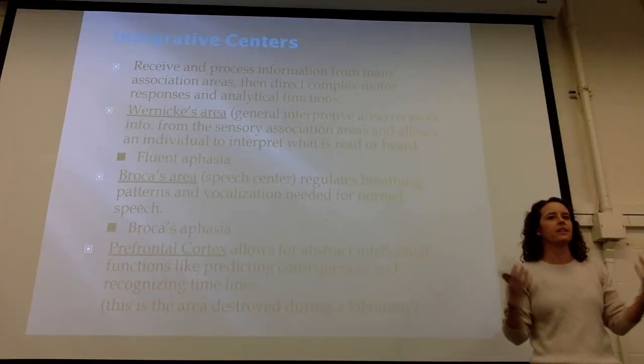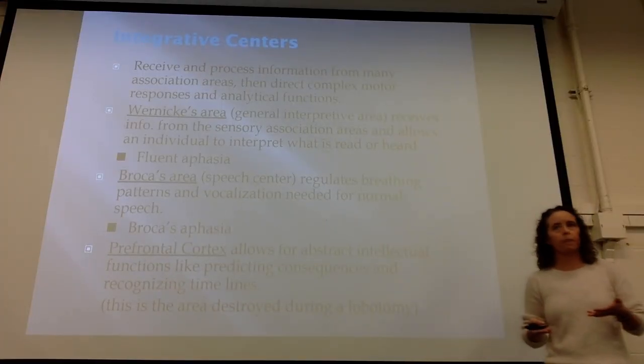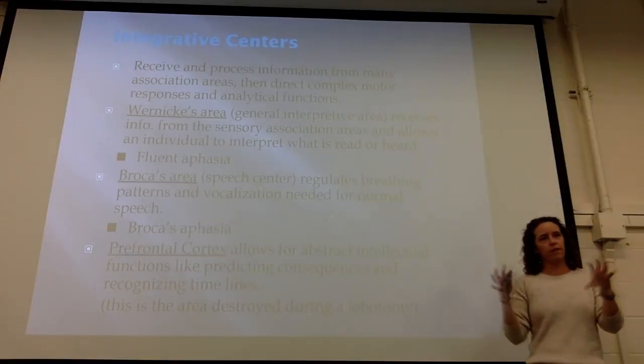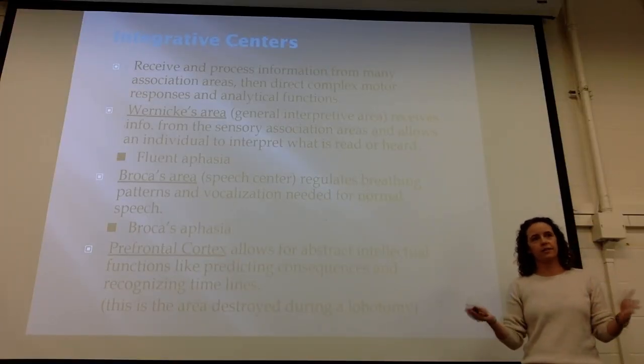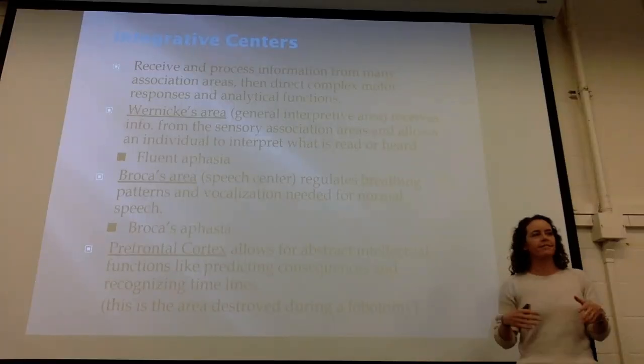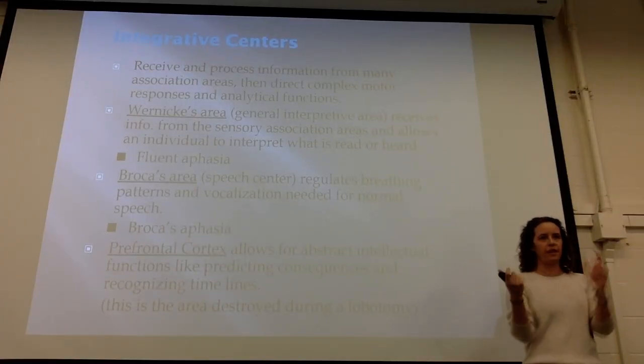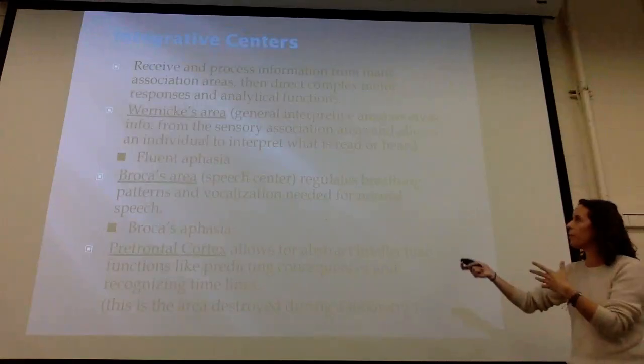More complex things than just saying it is a cow and I know that it's a cow. So information from the various association areas gets sent to integrative centers. We have different integrative centers that allow us to do slightly different things on, again, kind of a higher level.